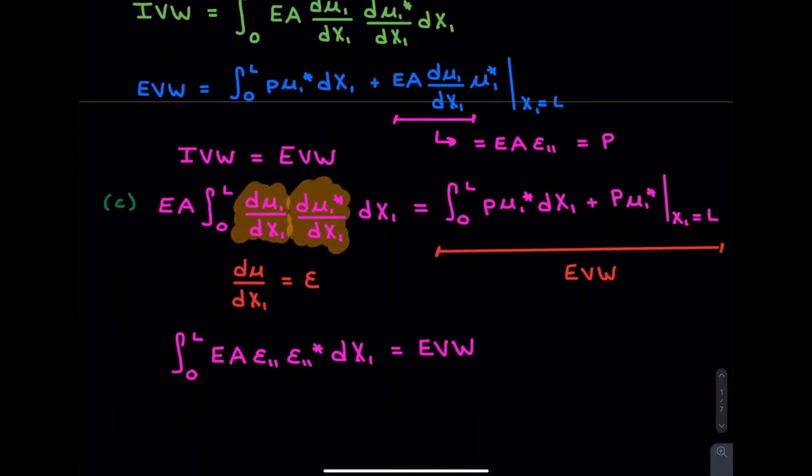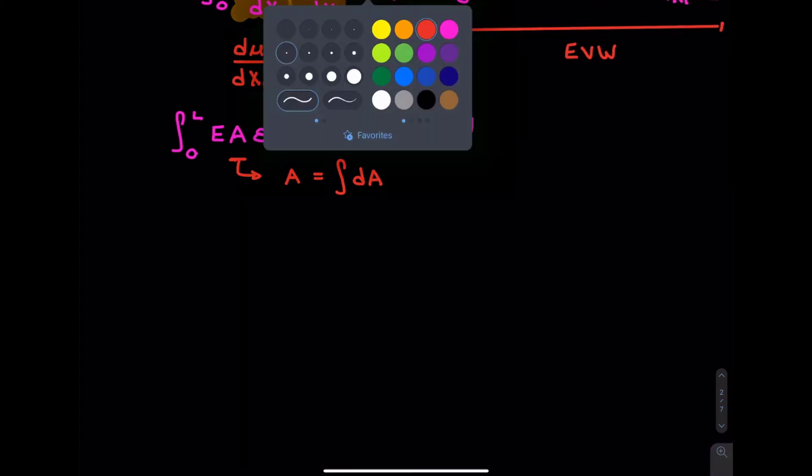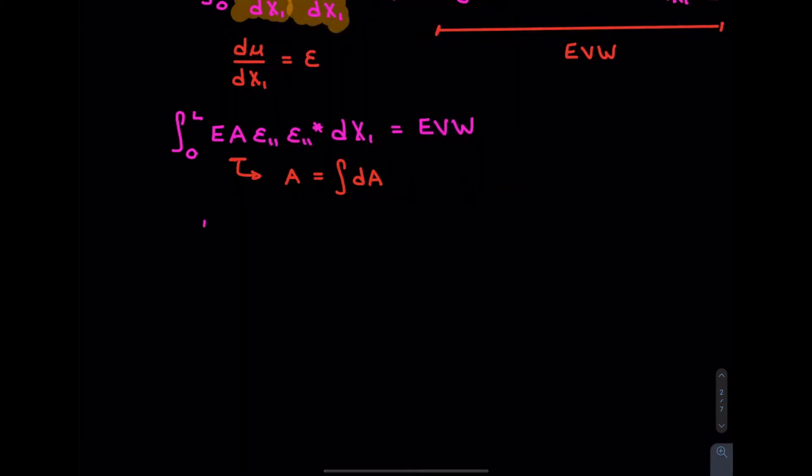So the next thing we're going to do is ask, what about this area term? We have an area term right here. Since A is constant, we know that the area is actually equal to the integral over dA. So we can substitute that into the equation. What we get is the integral from 0 all the way to L, and then a second integral here of E times epsilon 1,1 times epsilon star 1,1 multiplied by dA multiplied by dx1.